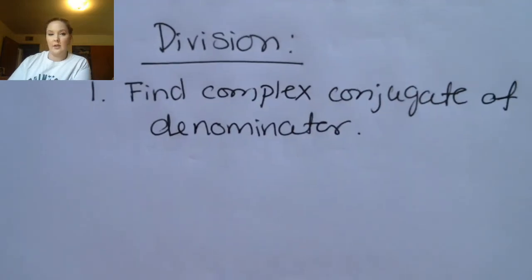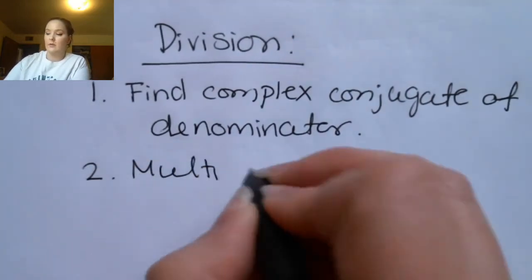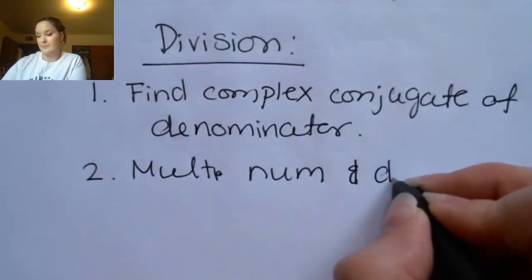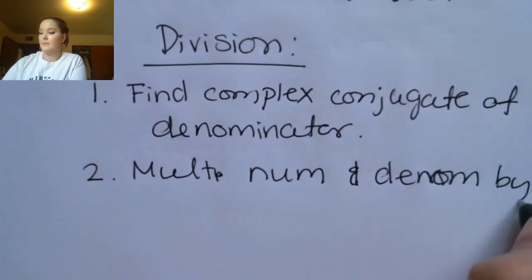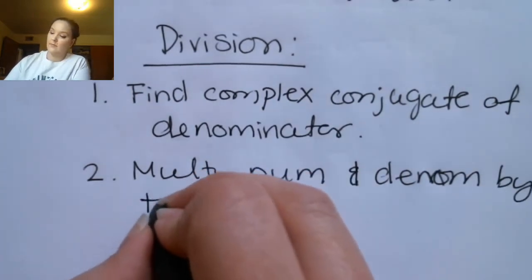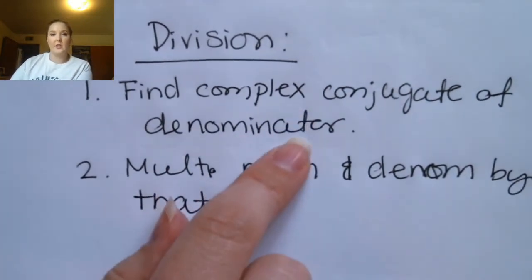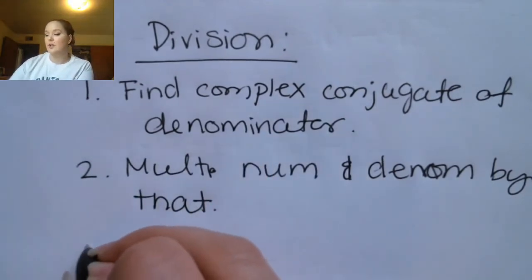Okay, then we are going to multiply. So you find the complex conjugate of the denominator, and then you multiply both the numerator and the denominator by that complex conjugate.